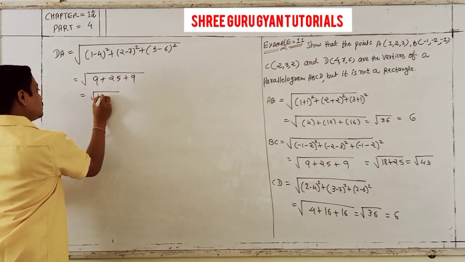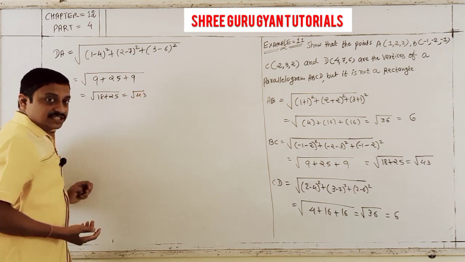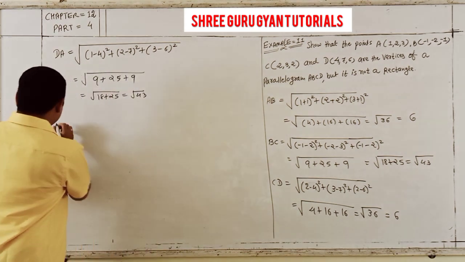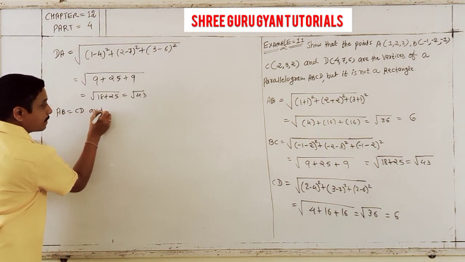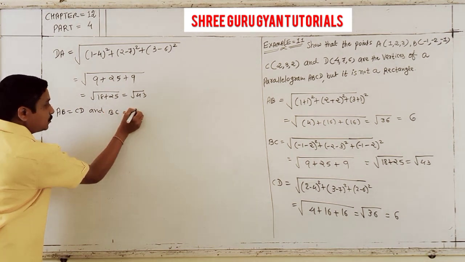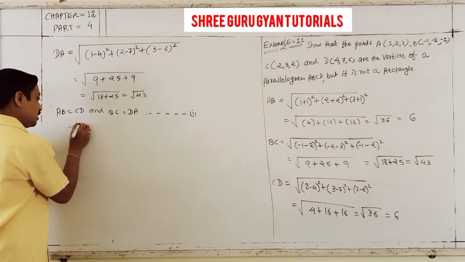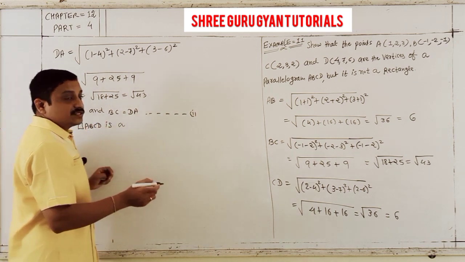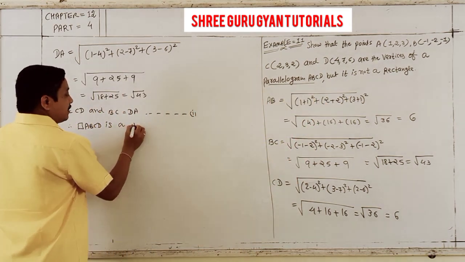So it is 18 plus 25. It is the same as that, 43. Check. AB and CD are the same length. So we write down here AB is equal to CD and BC is equal to DA. Statement 1 confirms quadrilateral ABCD is a parallelogram. Yes, it is a parallelogram.